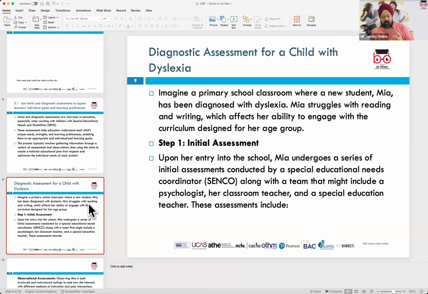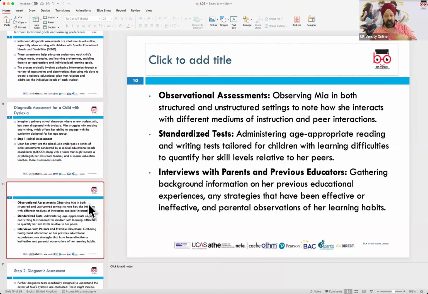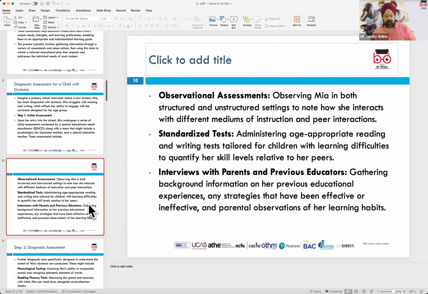That coordinator, along with the psychologist, the form tutor and the special education teacher, come to a conclusion after putting Mia through these diagnostic tests. They say, okay, these are the additional support requirements, and these are the ways in which we will mitigate some of the drawbacks or disabilities which the learner might have.